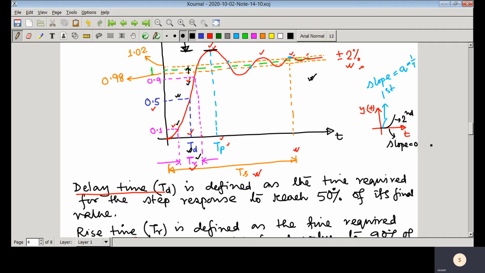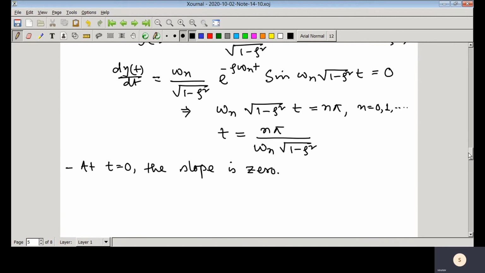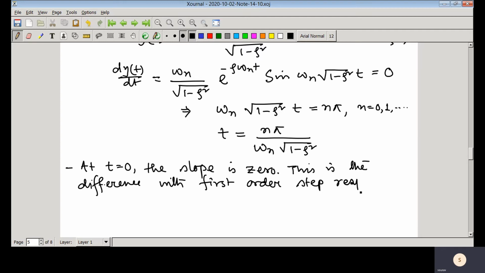So in case of second order system, the slope is 0 when t tends to 0, and in first order system that slope is the inverse of the time constant. So this is the difference with the first order step response. You should remember this thing.